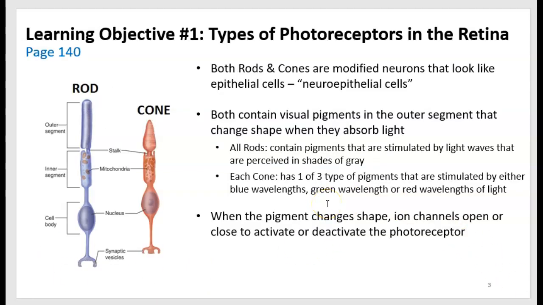So let's start with the first learning objective. You have this picture on page 140. It's in the center of the page, and it shows a picture of both a rod and a cone. These are 2 different types of photoreceptors that have different shapes.